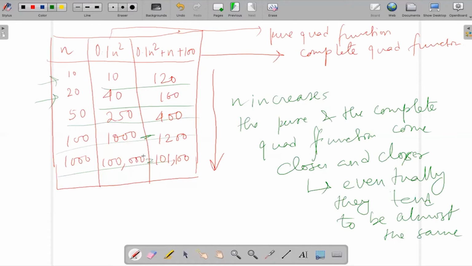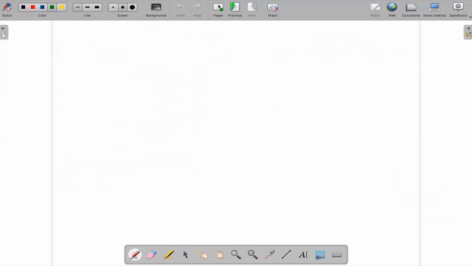So what does this mean? This gives us a very interesting indication, and the indication is that although 0.1 n square plus n plus 100 is not a pure quadratic function, it can be approximated by a pure quadratic function eventually.